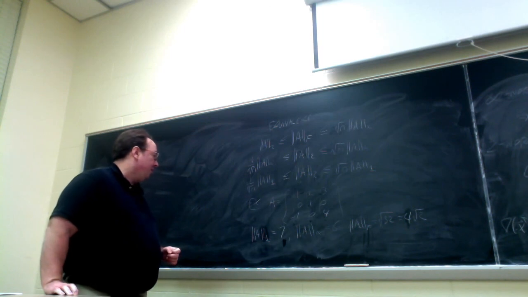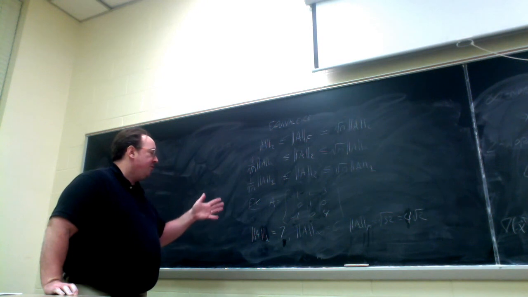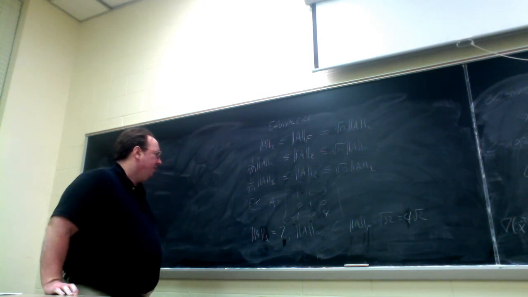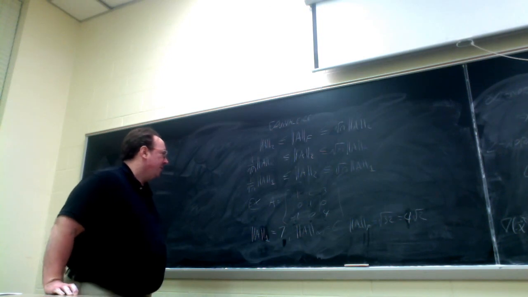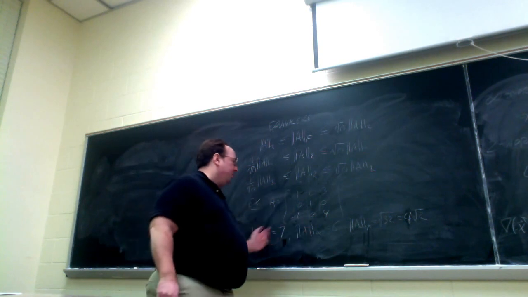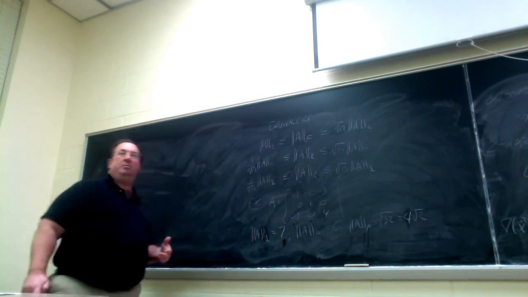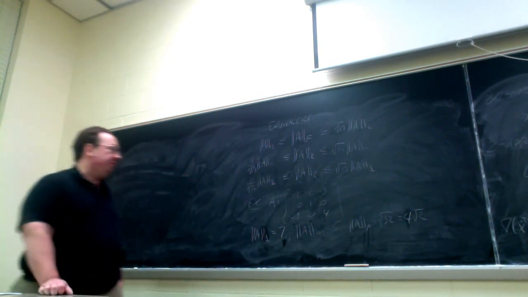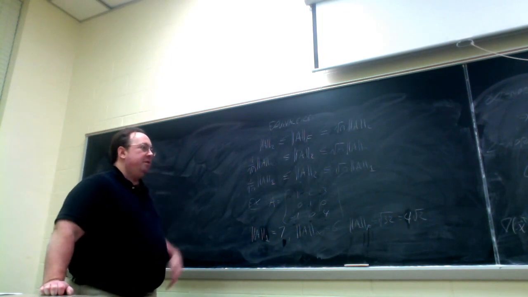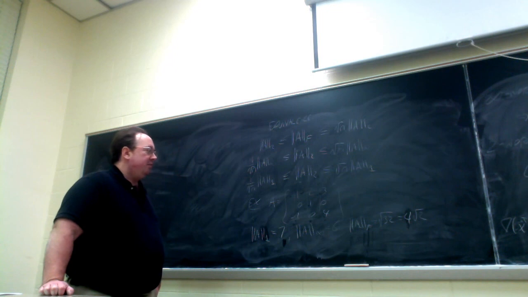Okay, so no surprise that the 1 norm is larger, but you can't really expect, if I take a transpose of this, then these would be reversed. So you don't have the same relationship with matrix norms as you do with vector norms as far as decreasing as p increases. Okay, so 4 square root of 2 is roughly 5.6 or so.